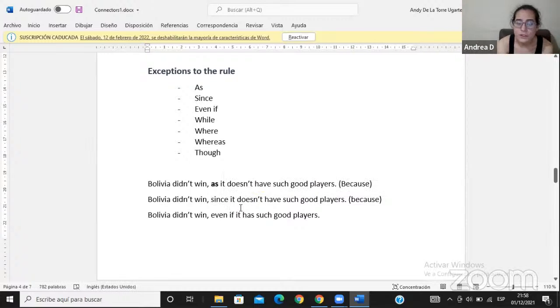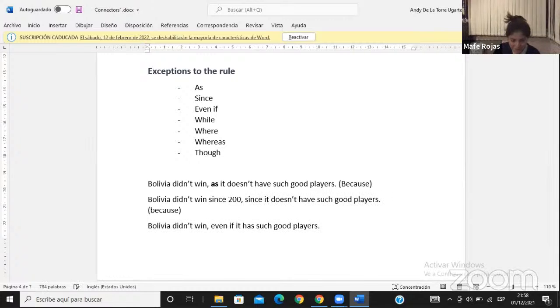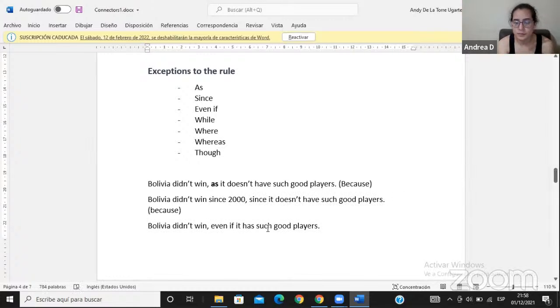So first thing you'll notice that you have a comma before the word. And if it's just a speaking context, it's not the same thing. Bolivia didn't win since 2000, since it doesn't have such good players. Yes, that's way different. You could use two since.